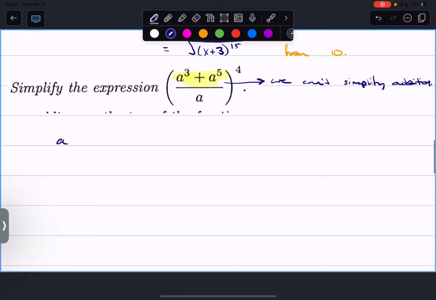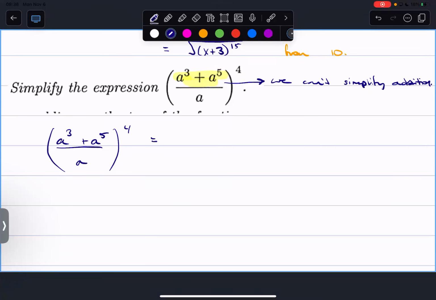So we have a to the 3 plus a to the 5 over a, and then all that's to the power of 4. Again, lots of ways that you could do this. What's another way? If you didn't want to extract an a, you could use a to the 3 plus a to the 5 as one thing, and then multiply it by a to the -1.